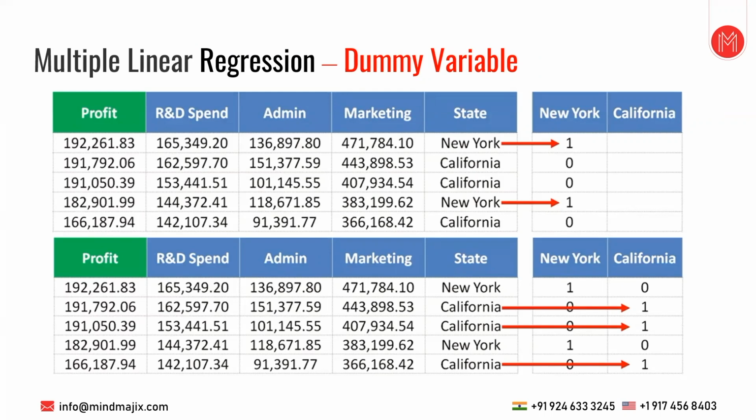Here, if you want to neglect one column from these two, that is also possible, because both columns are inversely related: when New York has one, California has zero, and whenever New York has zero, California has one. So we get the idea that both are inversely proportional to each other, because in the state column we have just two things, New York and California.